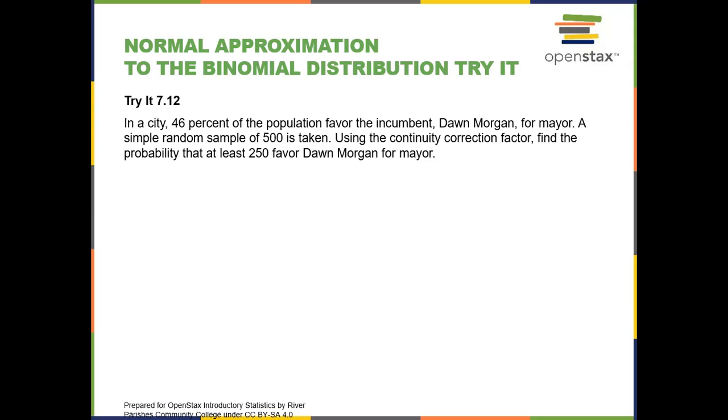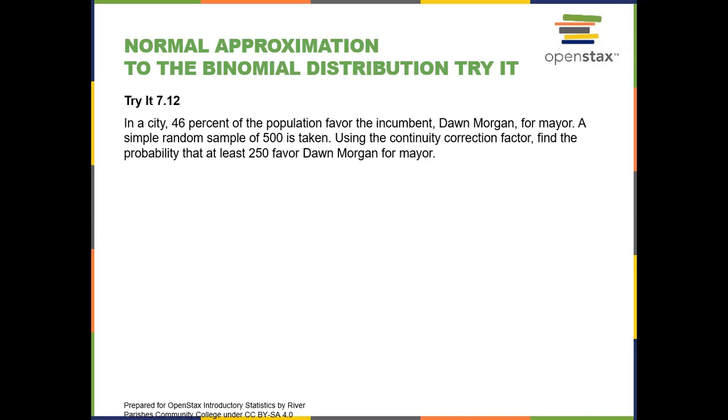At least 250 means 250 and more. The minimum is 250, so we will use a continuity correction factor of 0.5. Because we are including 250, we have to go 0.5 below. So my lower bound will be 250 minus 0.5, which is 249.5, and my upper will be 1E99.